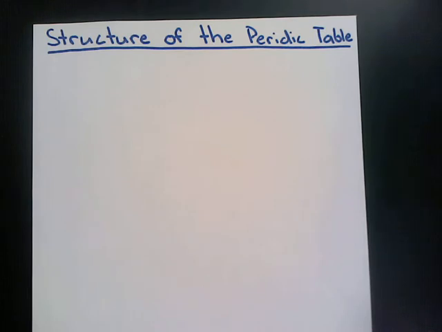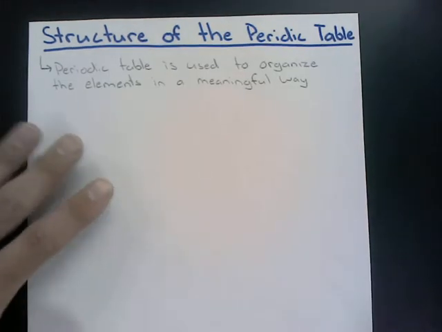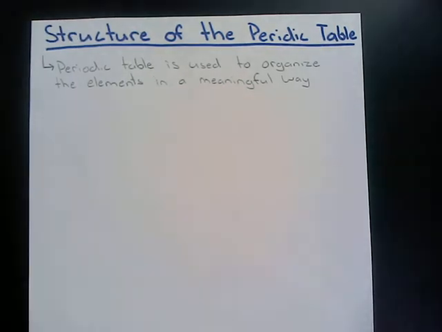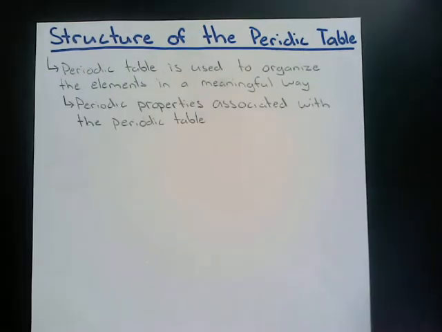So, number one, the periodic table is organized in a very meaningful way. The reason that it is organized in the way it is, is that it has periodic properties associated with the table itself. So that's why you see the U-like shape that the periodic table has.